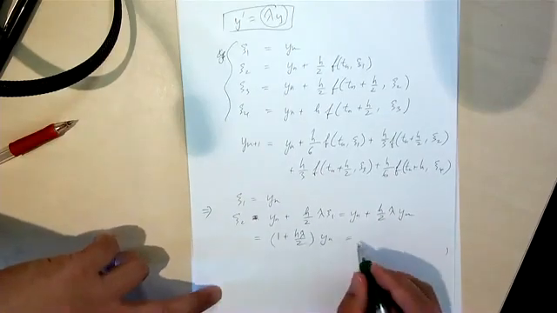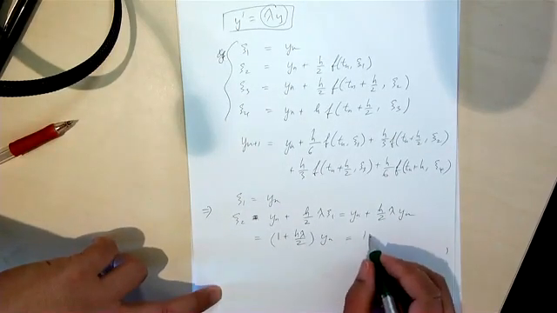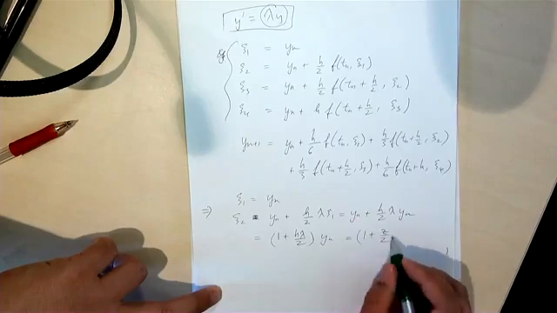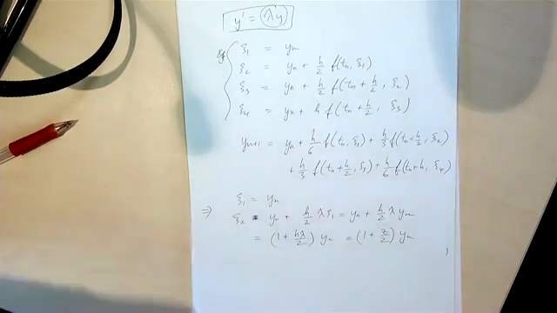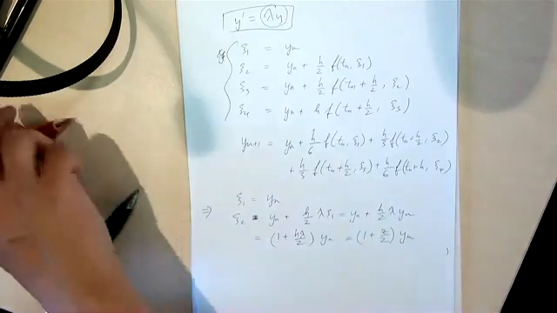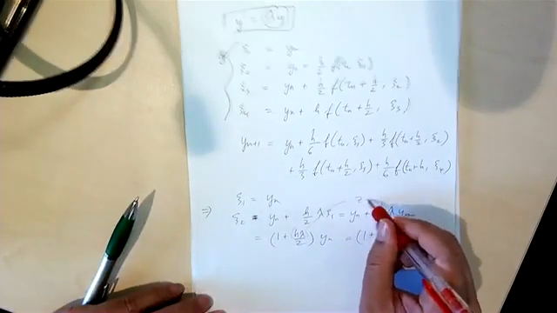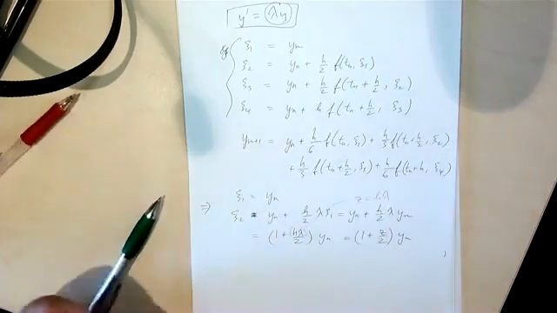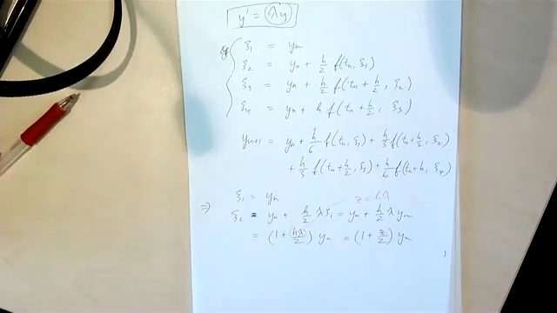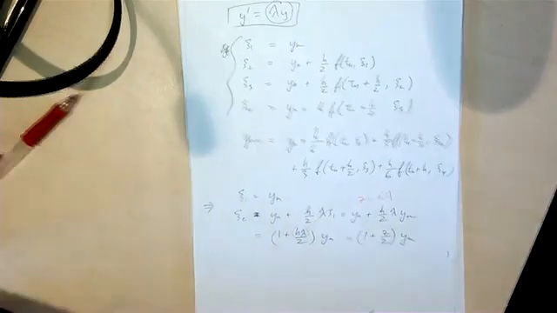Or because we have z equal h lambda, it will be 1 plus z over 2 yn. Remember z is h lambda. So that's why you can have xi 2 like this. So far so good, right?